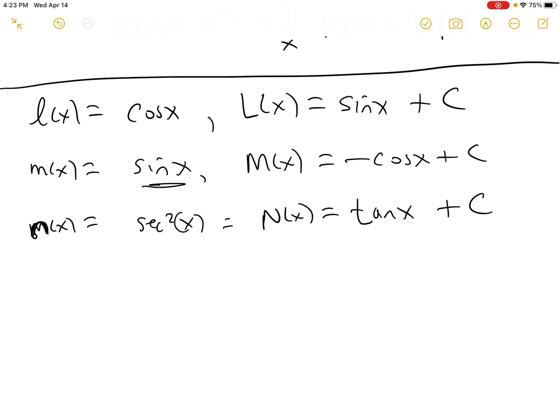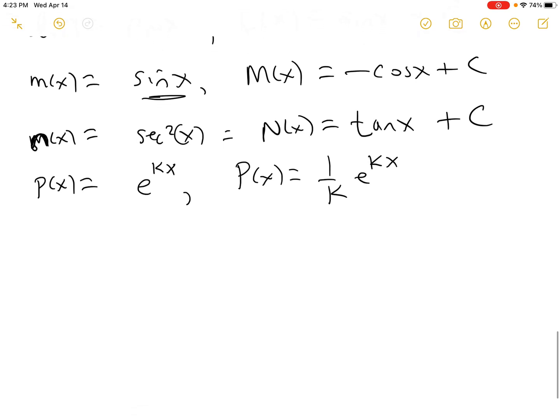What else? P. Let's say I have e raised to k times x, where k is some constant. Then cap P is 1 over k e to the kx. That's because when you take the derivative of e to the kx, you get a k out front, and those k's cancel and become a 1.